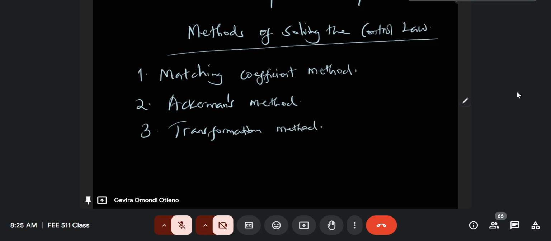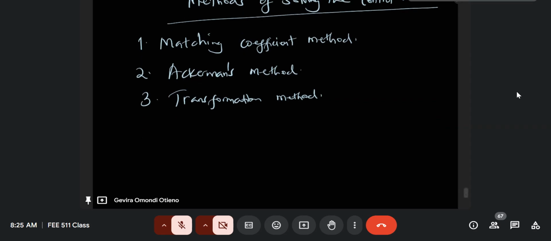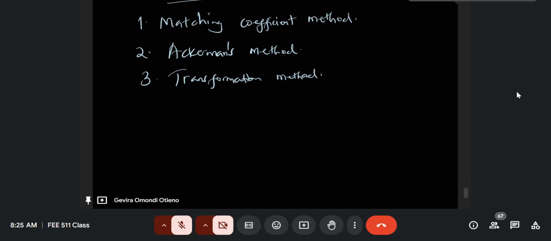So now, what I want to do is to show you how each of these methods is used to solve the control law. I'll basically give one example and solve it using these 3 methods and see if we can obtain the same solution. Later I will probably ask you to figure out where we prefer one method over the other.